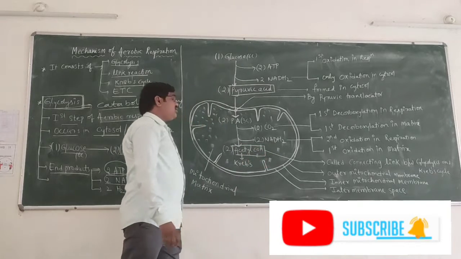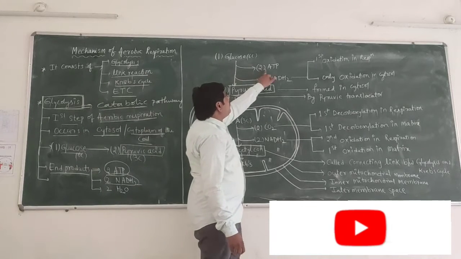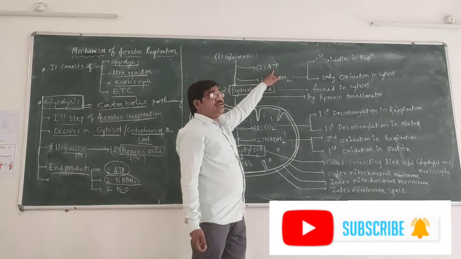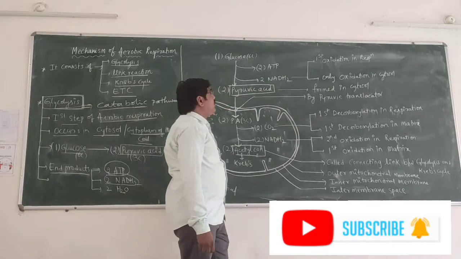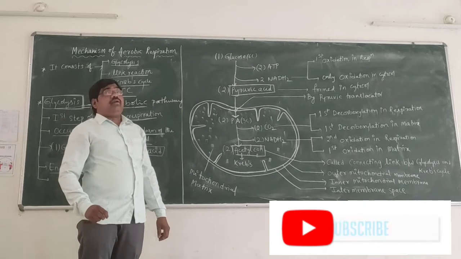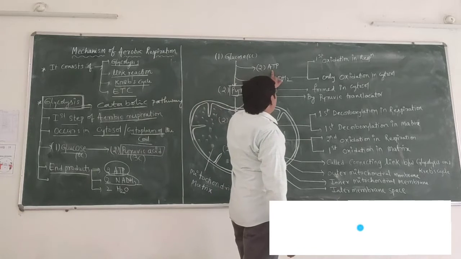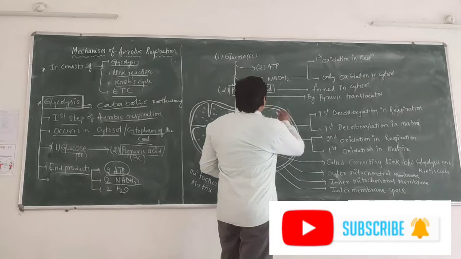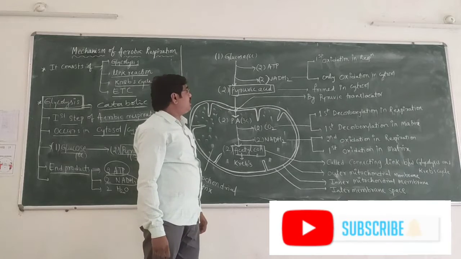In glycolysis, two ATP molecules are produced by substrate level phosphorylation, in the 7th reaction and the 10th reaction, and two molecules of NADH2 are produced during the glycolysis process.